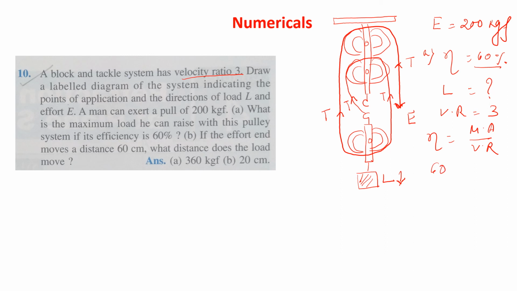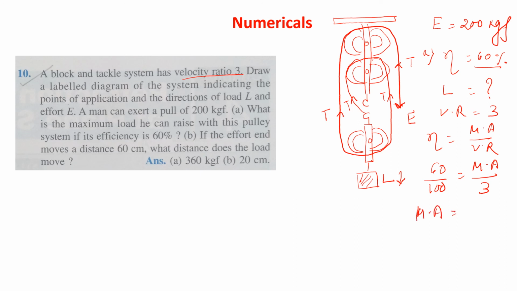So it is 60 by 100 is equals to mechanical advantage by velocity ratio is 3. Why I am taking out mechanical advantage? Because mechanical advantage is equal to load by effort. Now effort we know, so we can find out load. So first let me find out mechanical advantage.